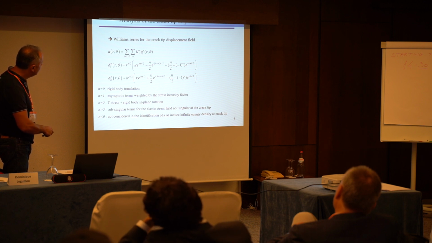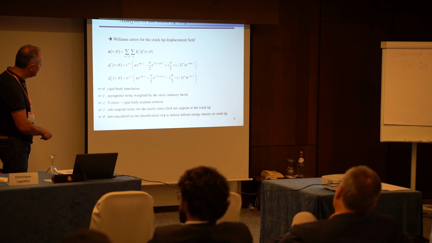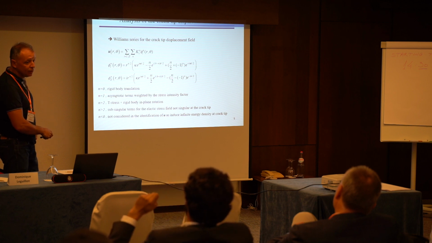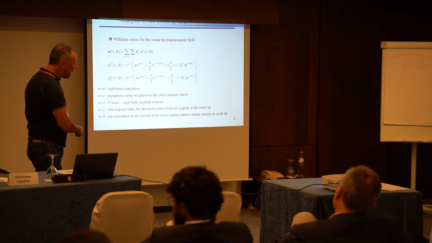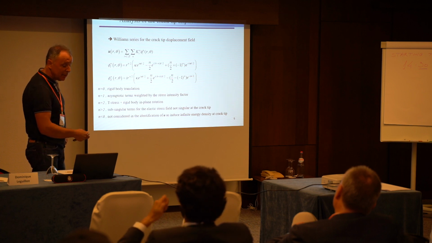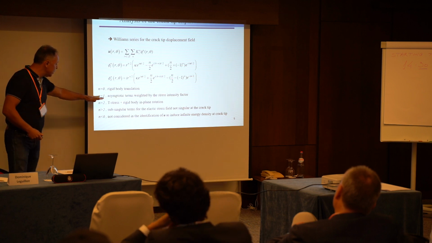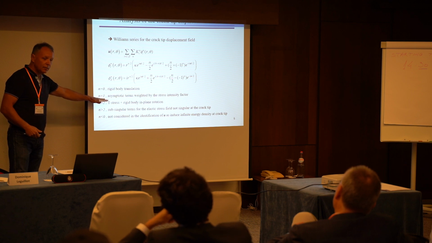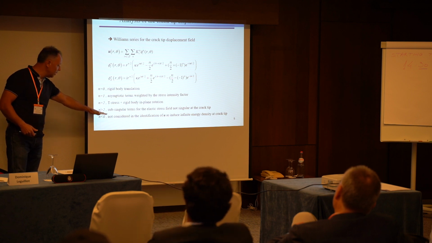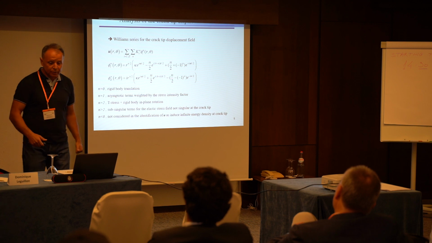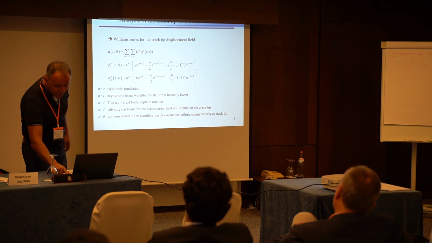And later we're going to focus only on the first term. But all the additional terms, the regular terms, are accessible with digital image correlation. With the notch configuration, we will stop here. But in the near future, I hope we will be able to address all the equivalent terms here.